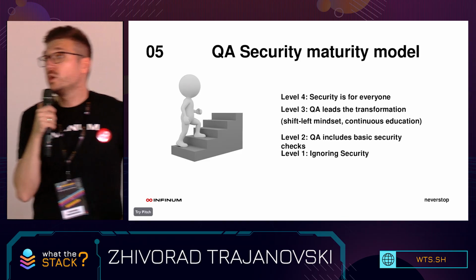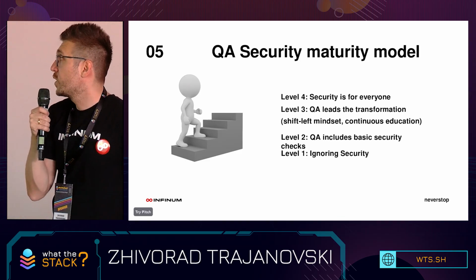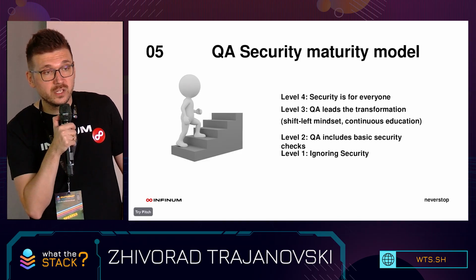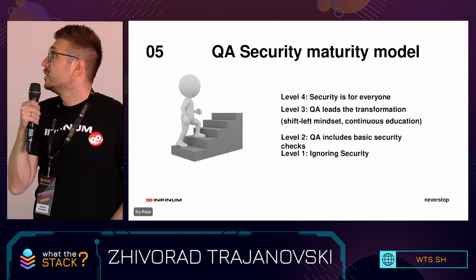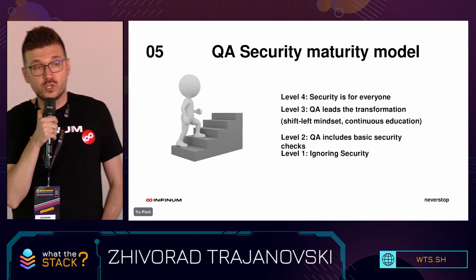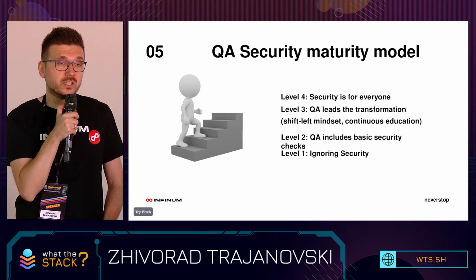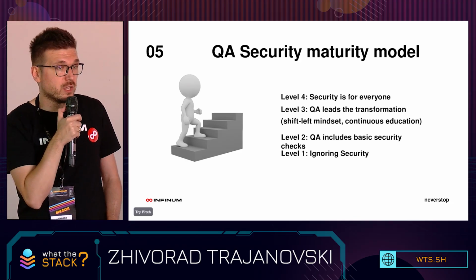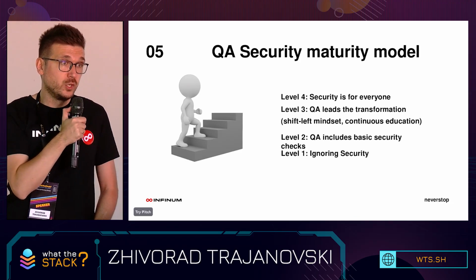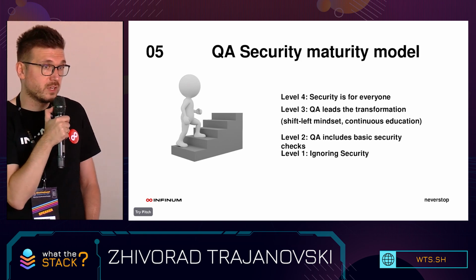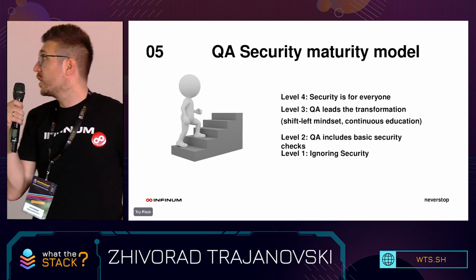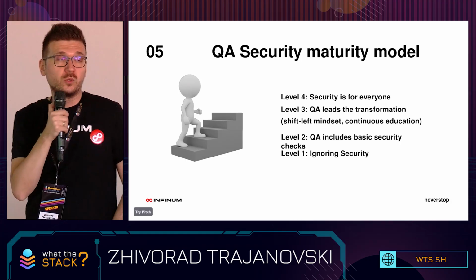Next thing, QA can lead the transformation. This means that QA can follow the trends about shift left mindset and automate everything in the early stages. Meaning that QA can automate scripts and do these checks at the previous level in an automated way.